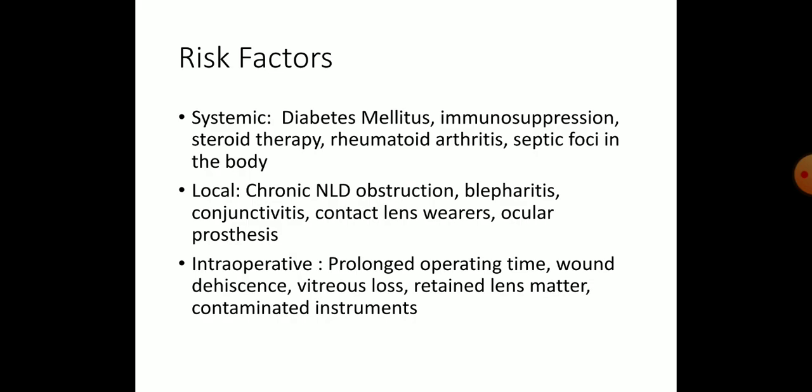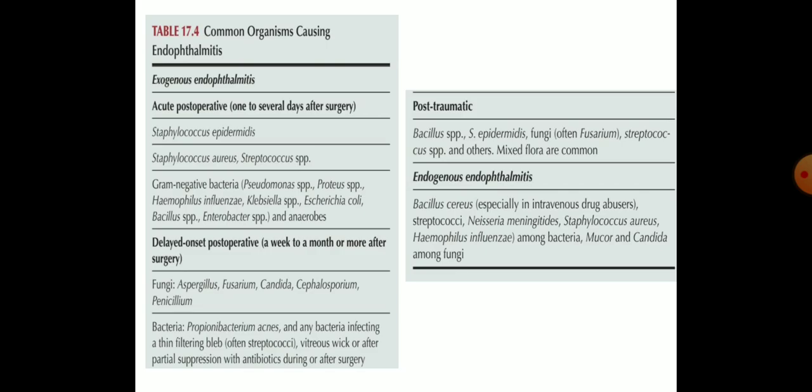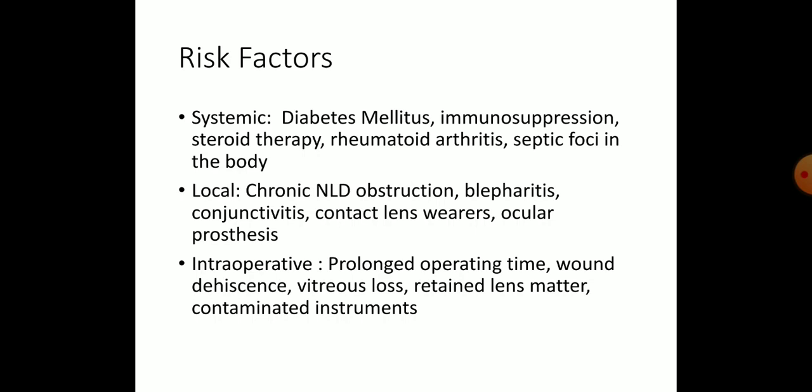So these are the organisms. You can just remember staph, strep, fungi. There will be Aspergillus, Candida, Fusarium. So risk factors you can just imagine. Immunocompromised state: a person who is on immunosuppressive or long steroid therapy, diabetes, or some autoimmune disorders like rheumatoid arthritis.